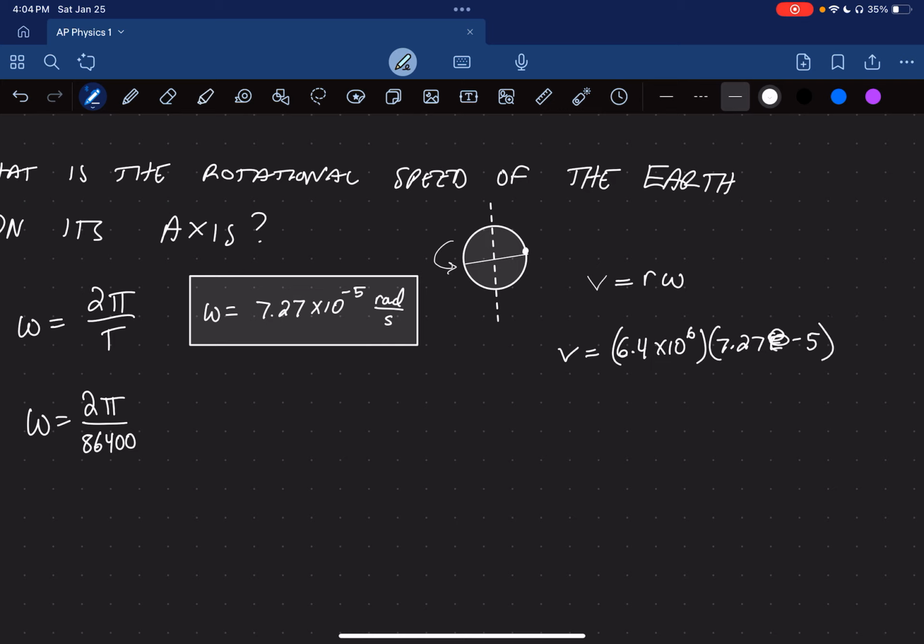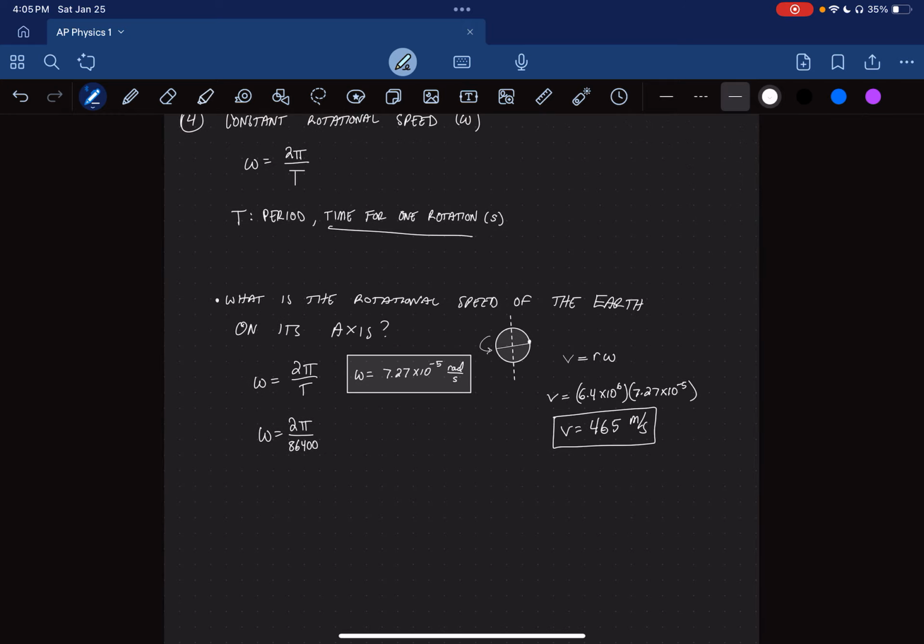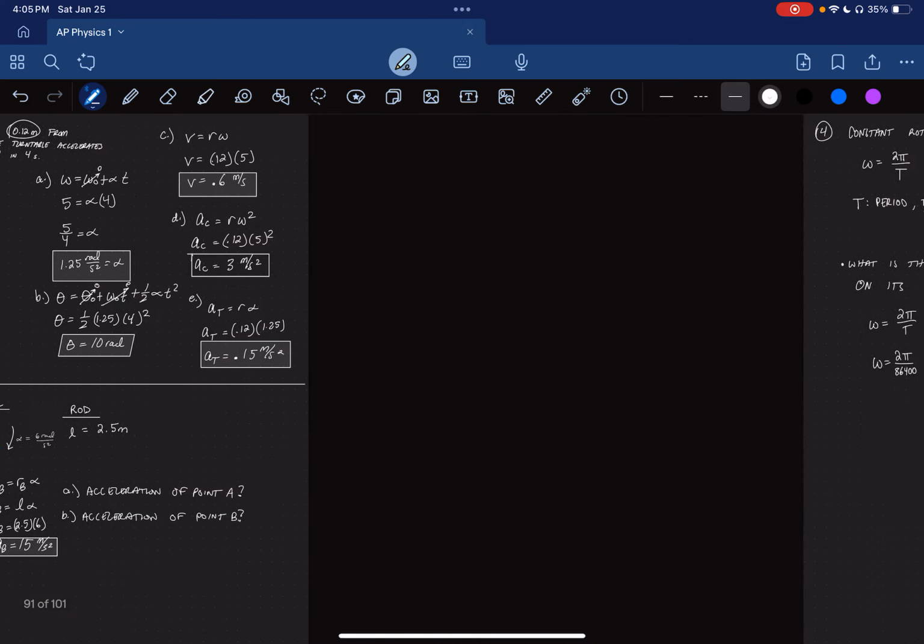Sorry, I use that e notation in astronomy a lot. Yeah, it's about 465. Let's just round it, meters per second of speed. So that's how fast somebody's going, the tangential speed. Cool. That about does it for this video.